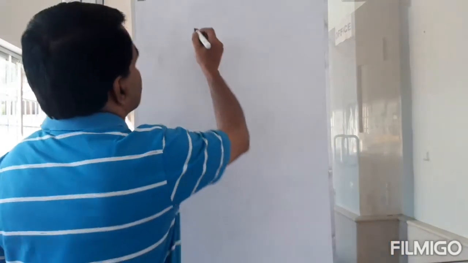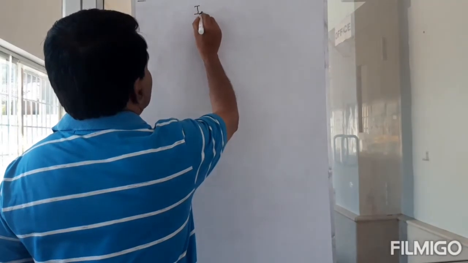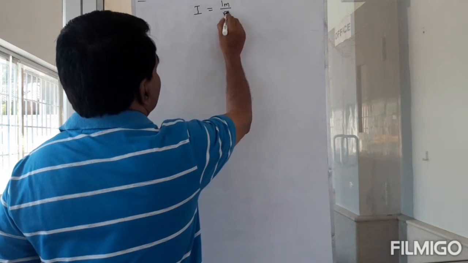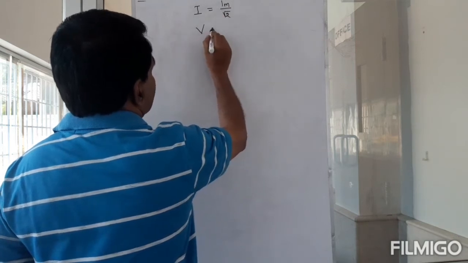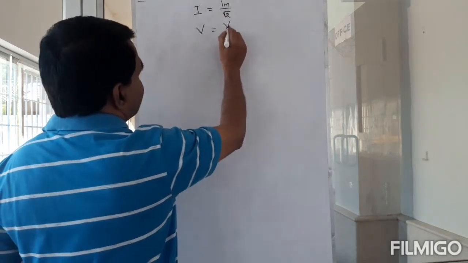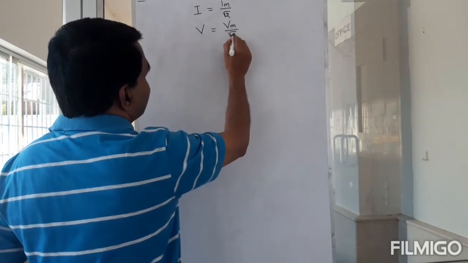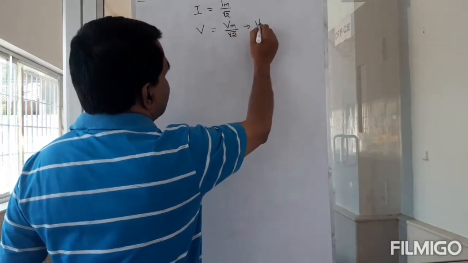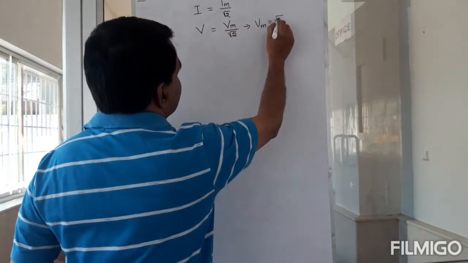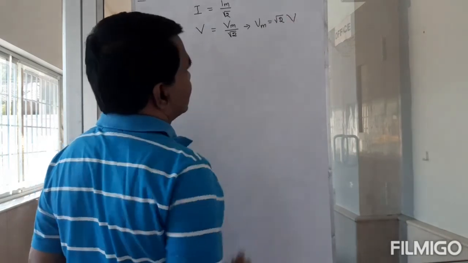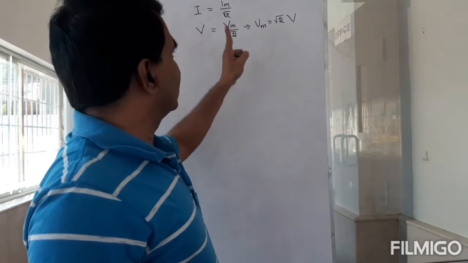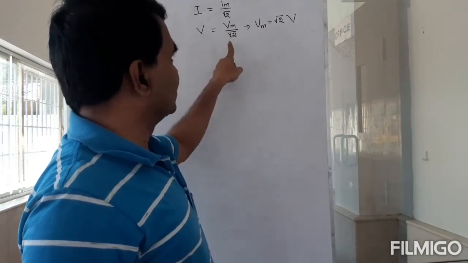So along the same lines, we can say that IRMS is equal to Im by root 2, and VRMS is equal to Vm by root 2, which means that Vm, the maximum, is equal to root 2 into VRMS. So if they gave you a maximum voltage, then you can find VRMS by dividing it by root 2.